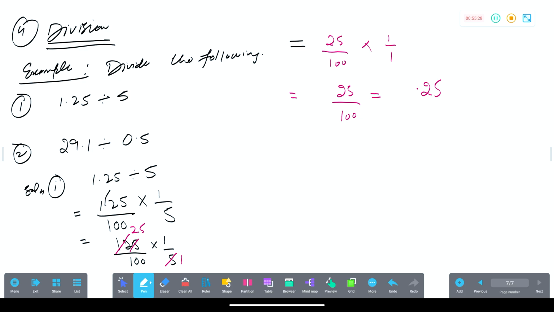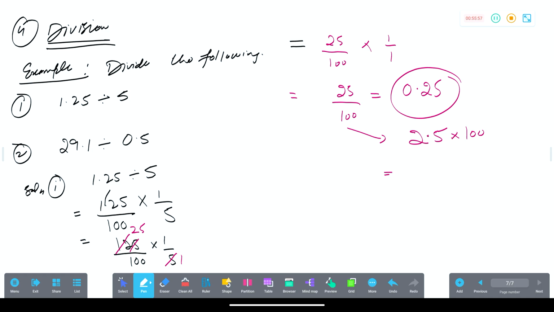Now here I will give a concept. If it would have been 2.5 into 100, अगर multiple करते हैं 100, then what would have happened? Decimal point जो है वो दो प्लेस से जाता है राइट साइड पे. Decimal point could have moved two places to right side, but there is only one place on the right side. So if there are two zeros, you are multiplying with a number that contains two zeros, you have to move two digits of the decimal point.